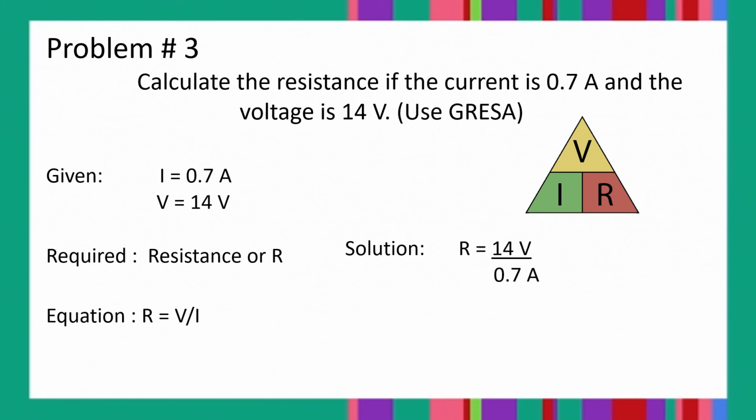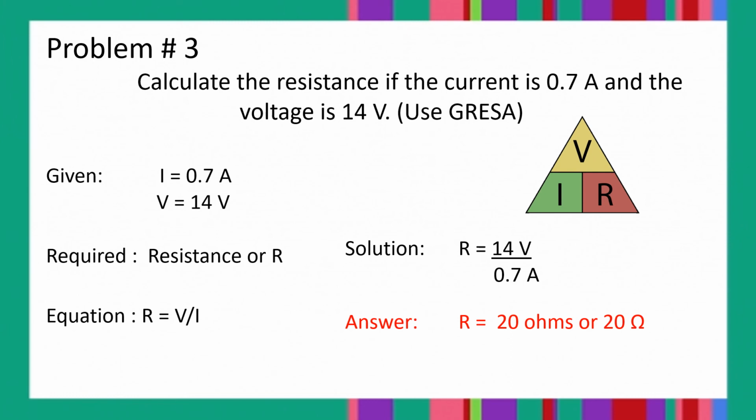Solution: we just need to substitute. Resistance is equivalent to 14 volts divided by 0.7 ampere. As you divide the two quantities, the answer for resistance is 20 ohms or 20 Ω, the symbol for ohms. So here it is.